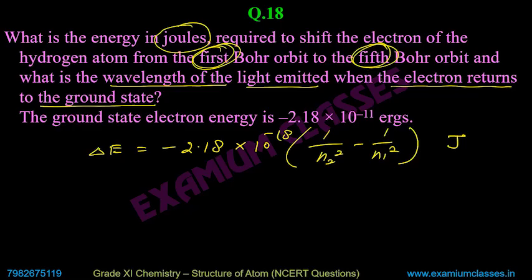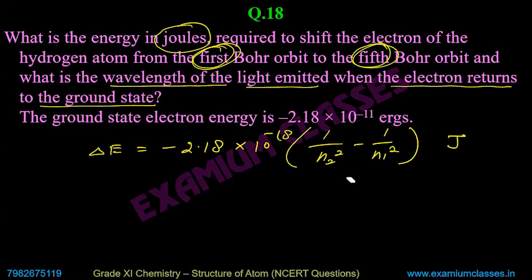So if you write the formula like this, and I advise you to use this formula with a negative sign, here n1 in this case will be the lower, initial orbit. We can use the other formula as well, in which the Rydberg constant is positive. Then in that case, this will be 1 by n1 square minus 1 by n2 square. Yes, this will change.